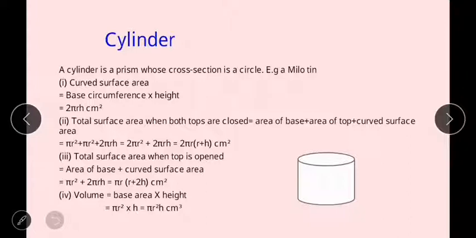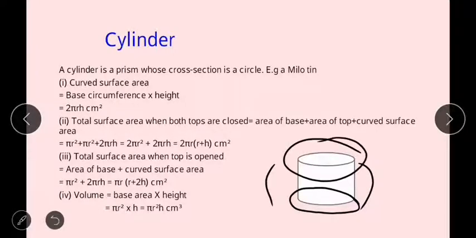So now, the surface area of a cylinder when both tops are closed is equal to the area of the base, the curved surface area, which is the one at the middle, and the area of the top. The addition of all these three areas would give you the total surface area of a cylinder.